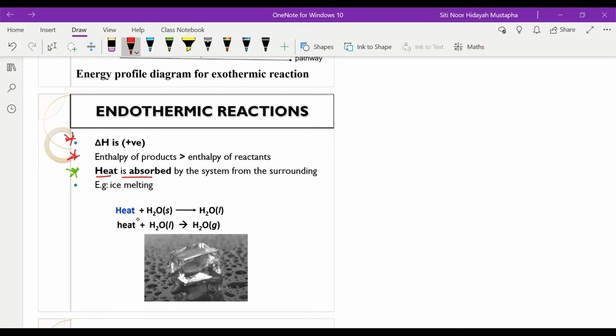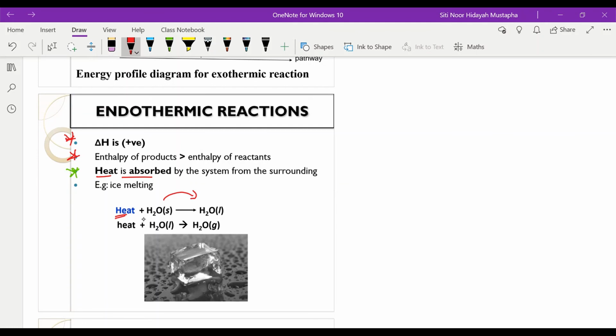For example, now you can see the heat. Heat is stated at the reactant, meaning that it absorbs heat to produce product. Previously, reactants produce product plus heat, so heat will be at the product section.